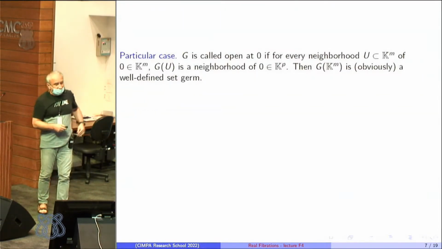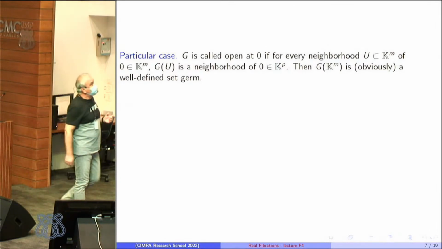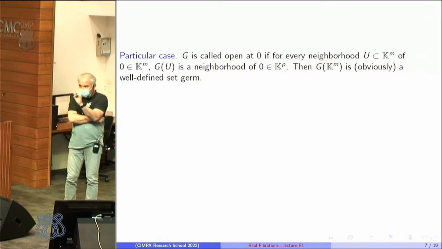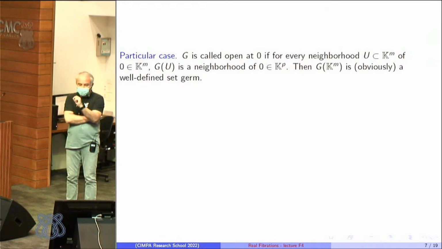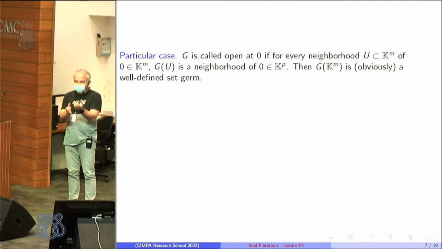And a particular case, and somehow important: we say that the map is open at a point if whenever you have a neighborhood of the point in the source, the image is going to be a neighborhood of the point in the target.